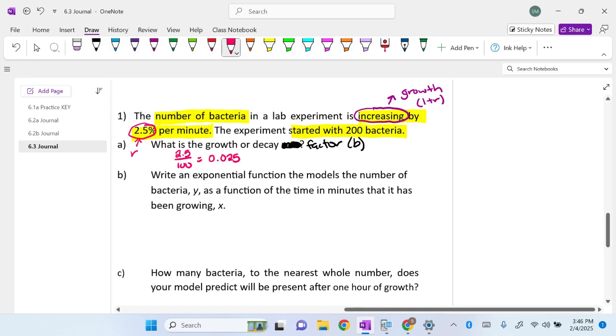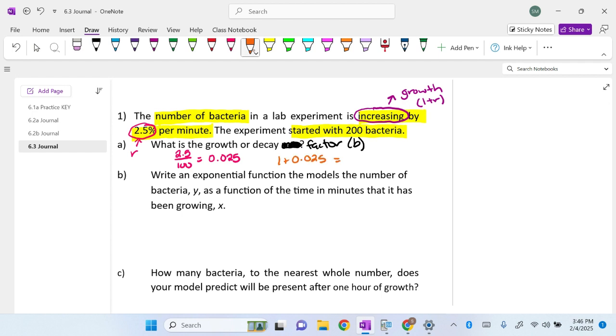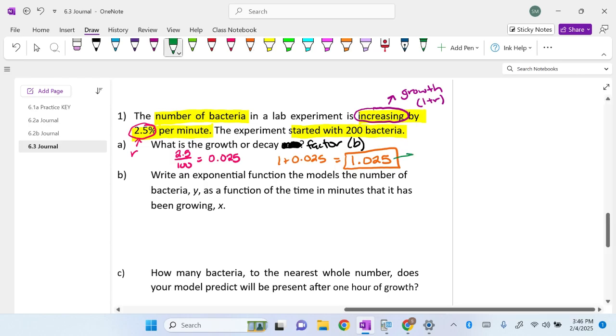If I put it into the growth formula, I have 1 plus 0.025, which is just 1.025. We can just leave it like that. This would be our growth factor, which is also our B value in our function.